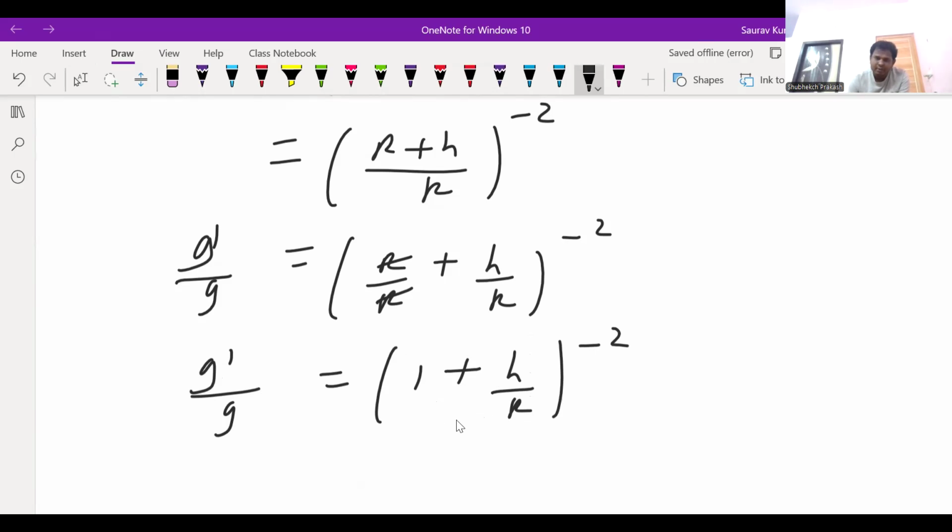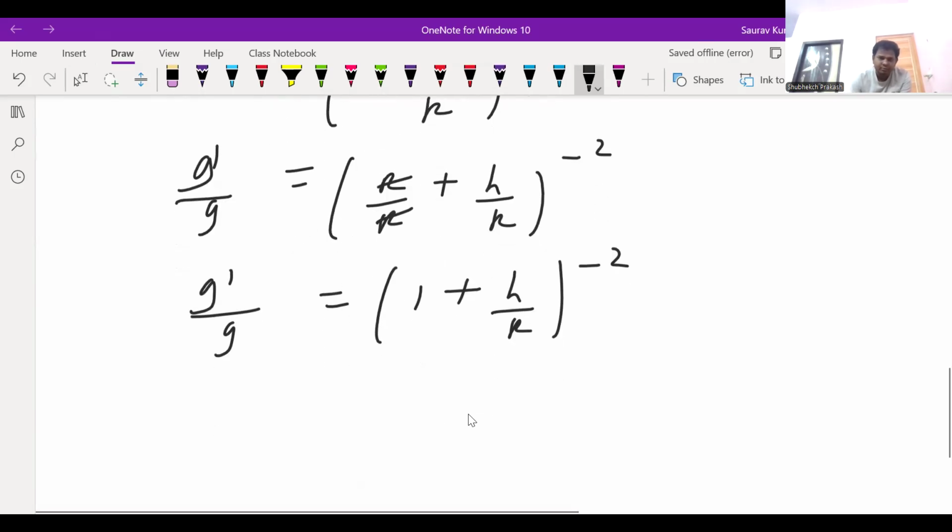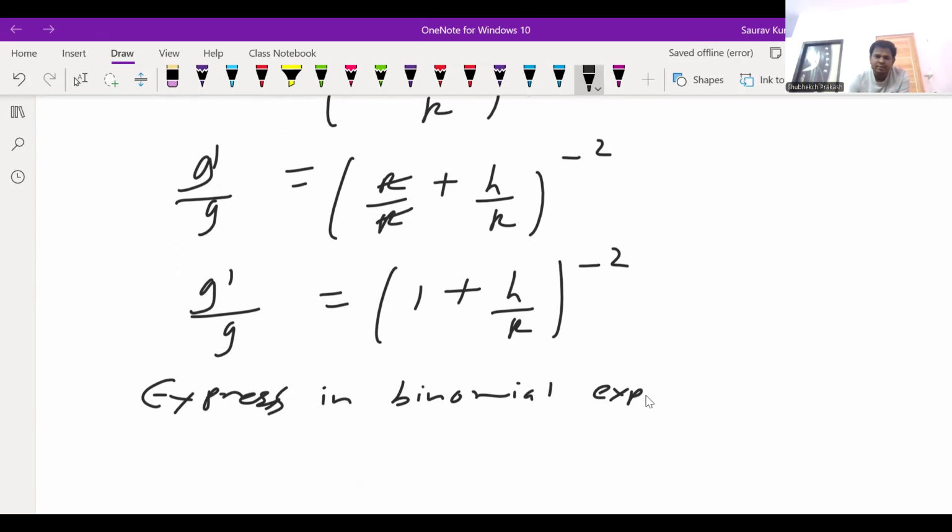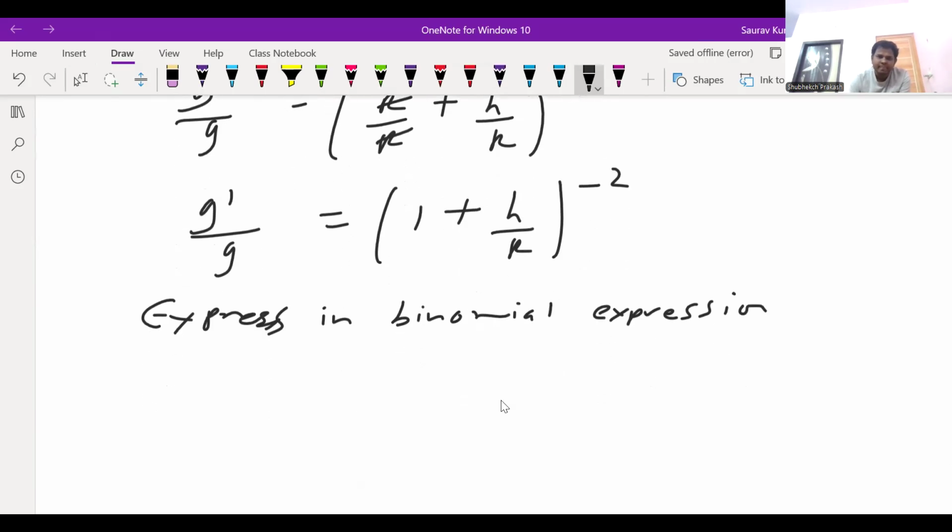Now this is in the form of a binomial expression. Now expanding it in the binomial expression, then this will be g dash by g equal to 1 minus 2h by R.